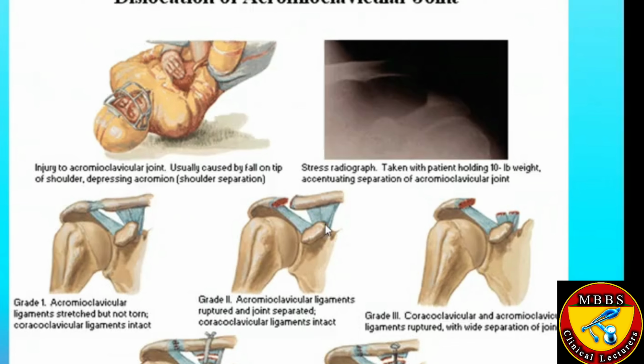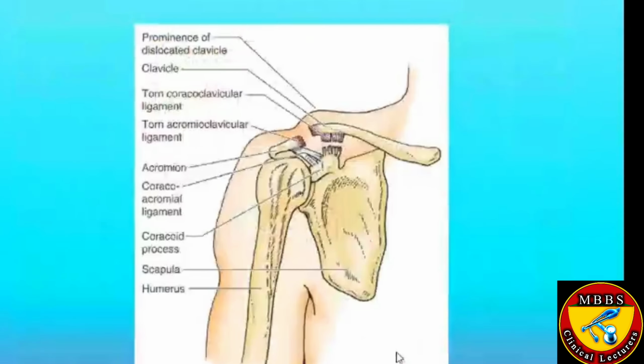In grade 3, the severe type of injury, both the acromioclavicular and the coracoclavicular ligaments are ruptured with separation of the joint. We repair a grade 3 injury with a non-absorbable tape or a screw to repair the injury of the joint.